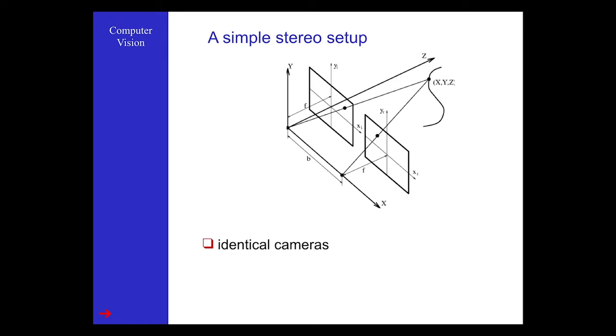So all the internal parameters of the two cameras are identical: same pixel sizes, same number of rows and columns, same focal length, f, that you see up there. Second assumption, we have coplanar image planes. So these two image planes are actually along the same three-dimensional plane. They are coplanar, as we would say.